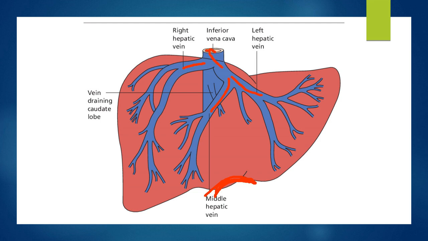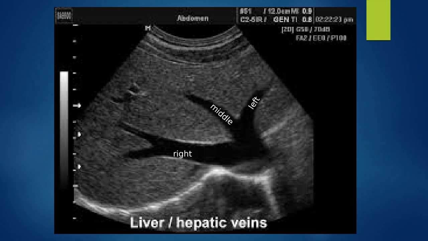Here's what all three of those look like. Very pretty. So in this image, it looks like everything is entering and exiting at the porta hepatis, and I can see why it appears like that, but we don't know how steeply superior they're angled in this picture. So if they are angling their transducer really far up under those patient ribs to the point where they're seeing the dome of the liver, that's where we're going to get our hepatics draining.